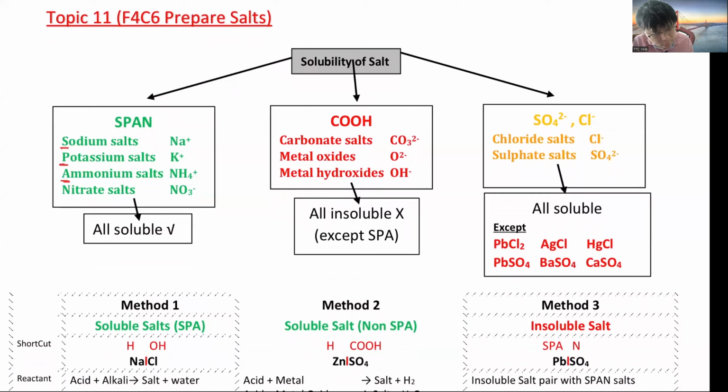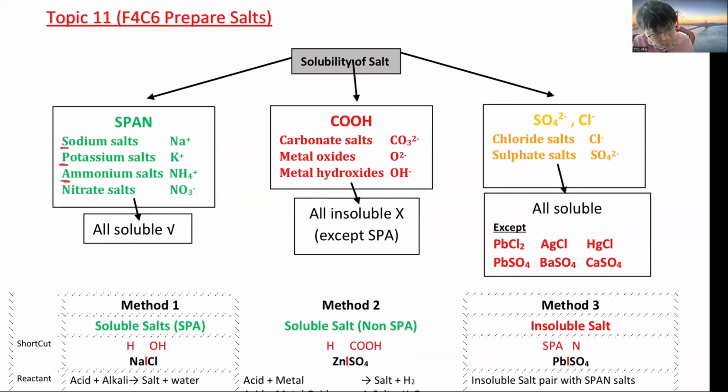The idea is this: because zinc sulfate is a soluble salt, we use insoluble substances to prepare it, because we know that sulfate is soluble and carbonate is insoluble. So the chemicals needed would be zinc carbonate, zinc oxide and zinc hydroxide.